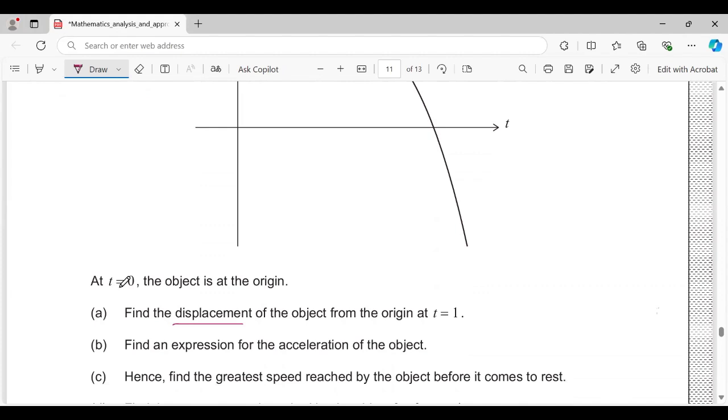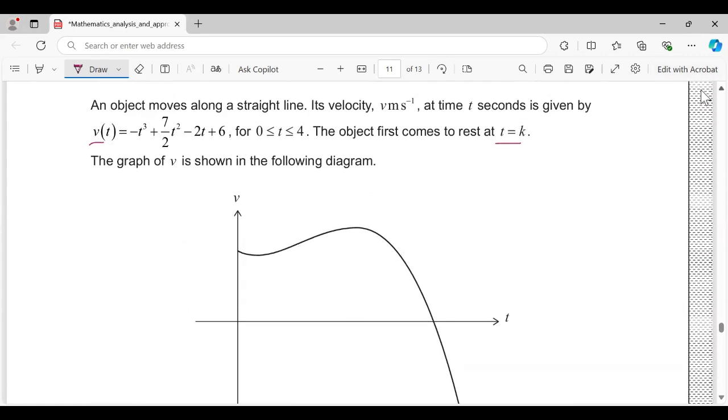When t equals 0, the object is at the origin. So on this diagram, when t equals 0, the object is positioned at the origin. Find the displacement of the object from the origin at t equals 1. Displacement is the integral of velocity.